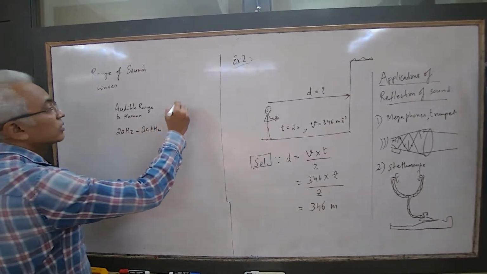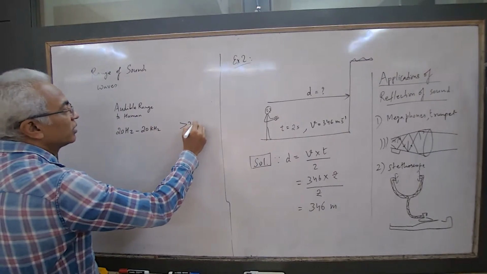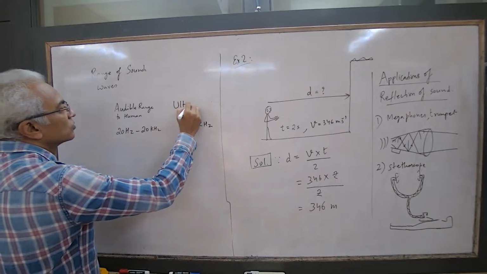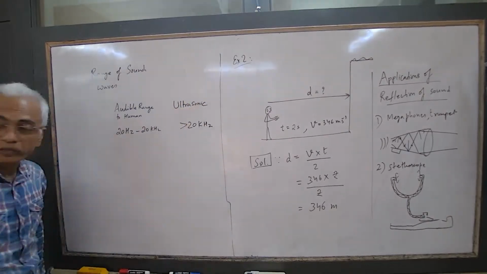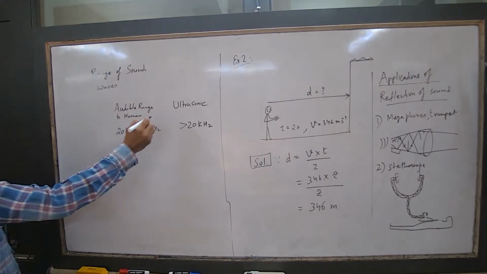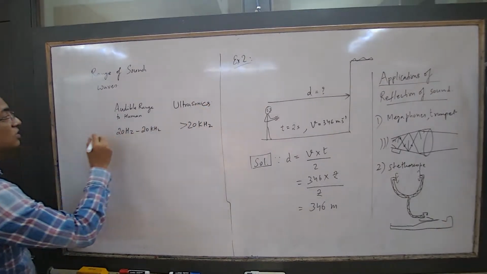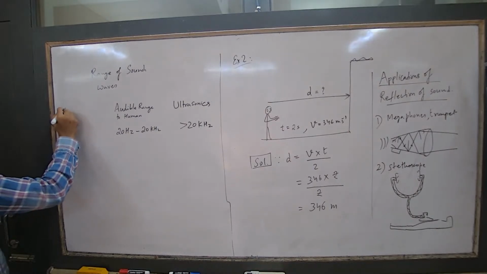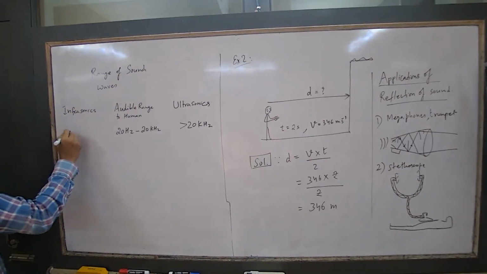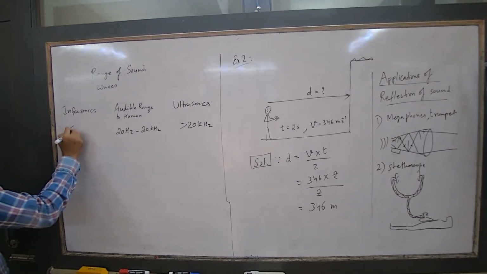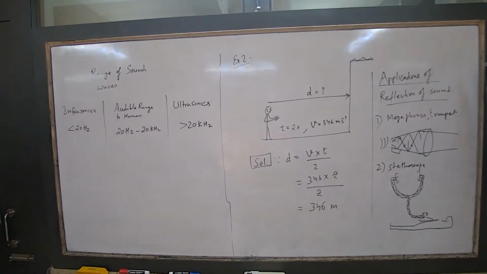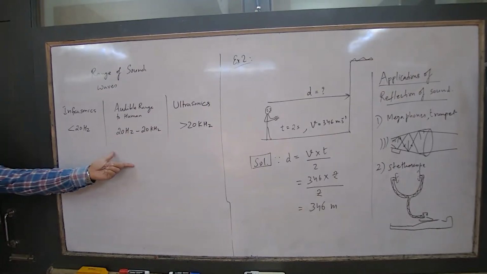Frequency greater than 20 kilohertz is called ultrasonic, ultrasonic sound waves, or just ultrasonic. And less than 20 Hz is called infrasonics. Humans can only hear the range in between.